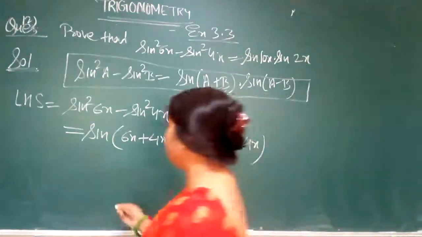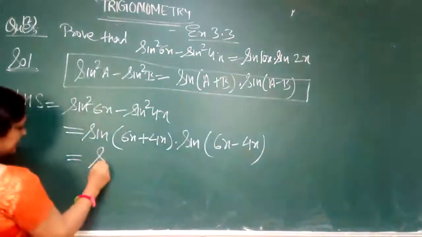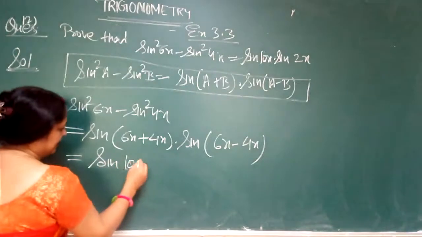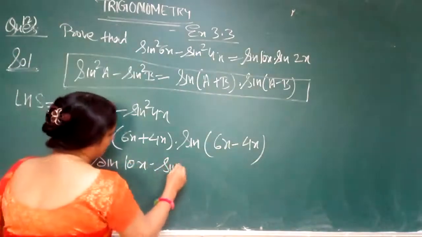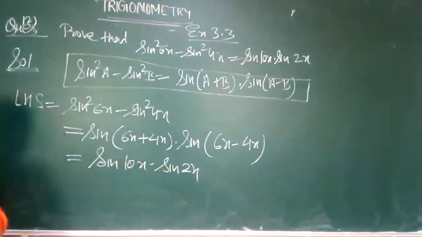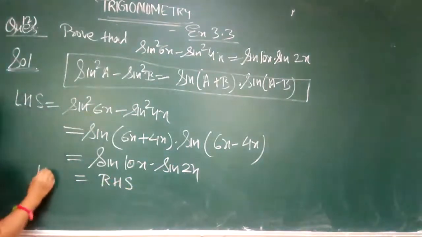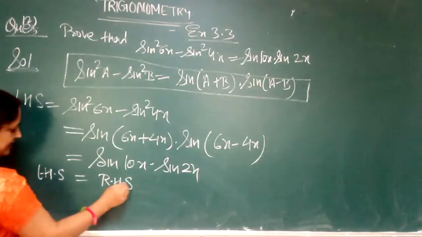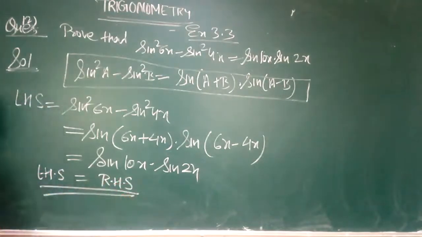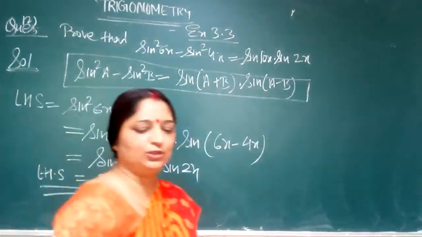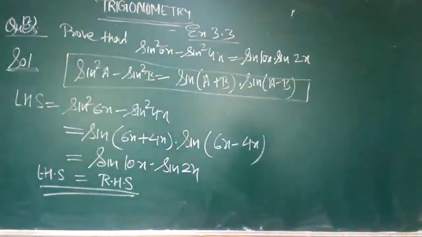So students, after that it will come sine of 10x into sine of 2x. And this is the RHS. Hence LHS is equal to RHS. Now this solution is verified.